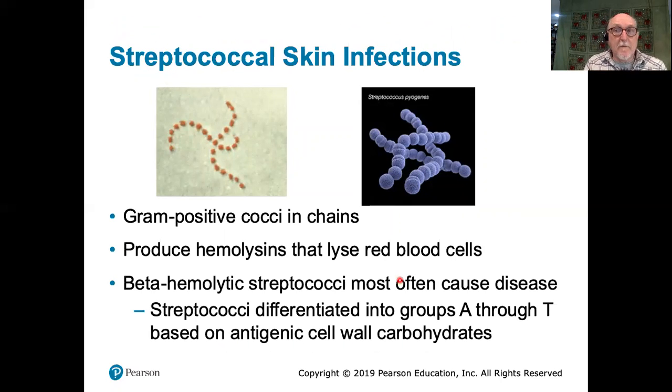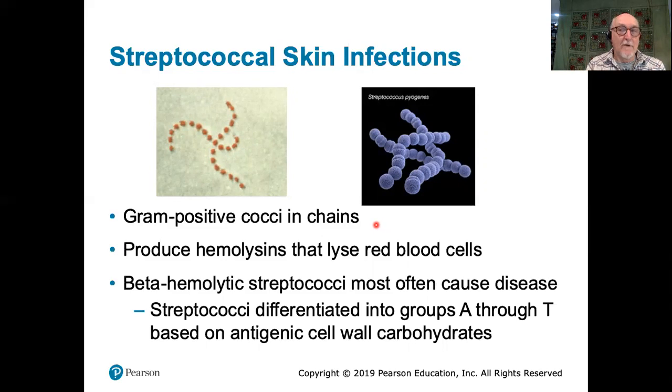The bacterium streptococcus also causes skin infections. Here for streptococcus, classically, again, cocci, and they are in long chains. And the streptococci are very many and very varied. There are several different kinds which will cause skin diseases.